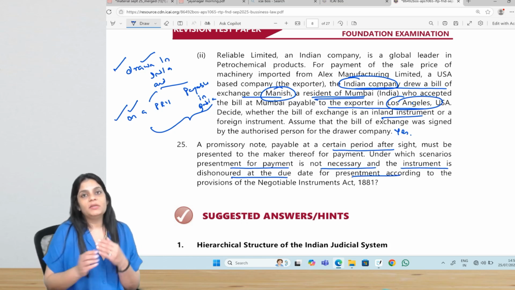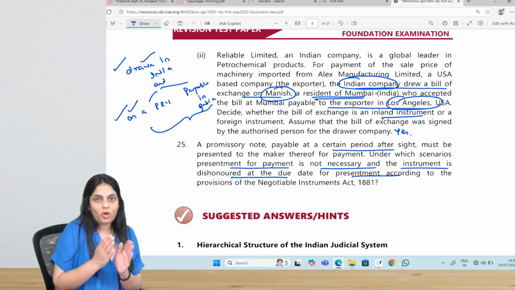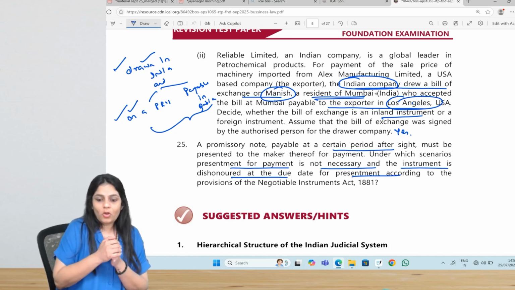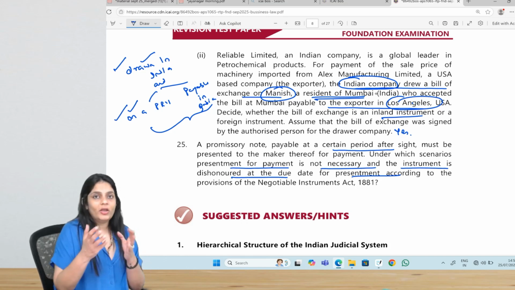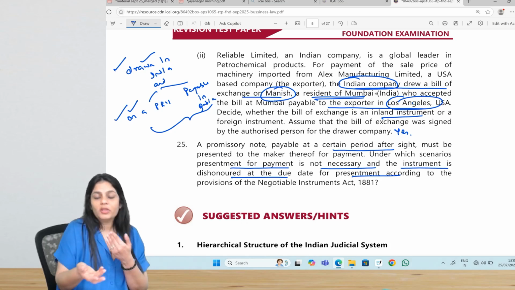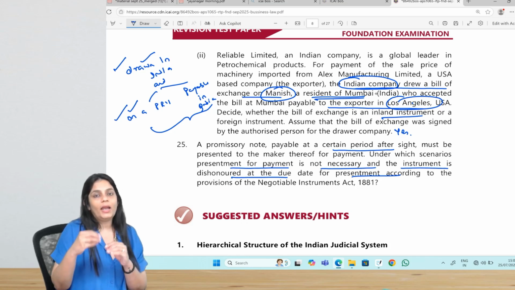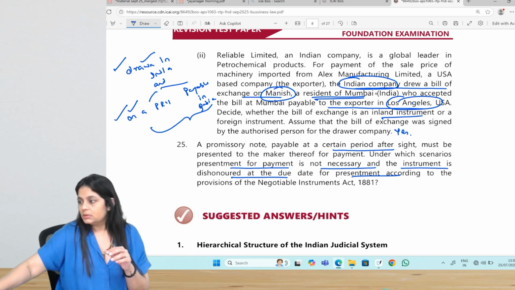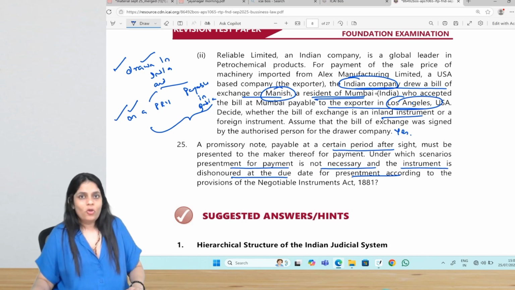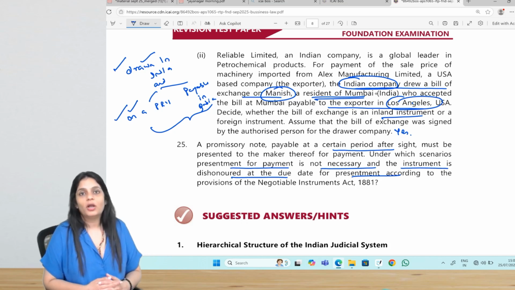When the presentment is supposed to be made at a specified place and the maker avoids the presentment, or it was supposed to be presented at the business place and during the office hours the business place is locked, or it was supposed to be presented at some other specified place and the person is not present at that specified place, or after reasonable search we are not able to find that person. In this case, presentment is not necessary.